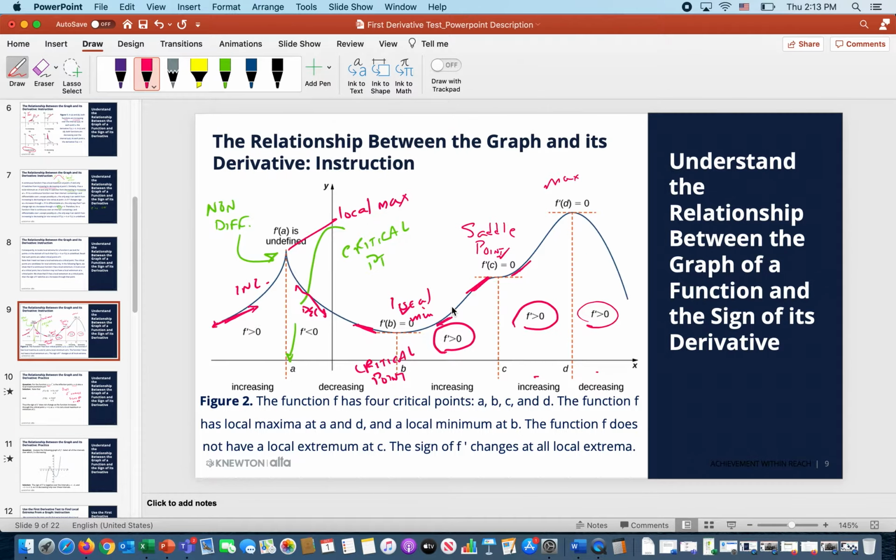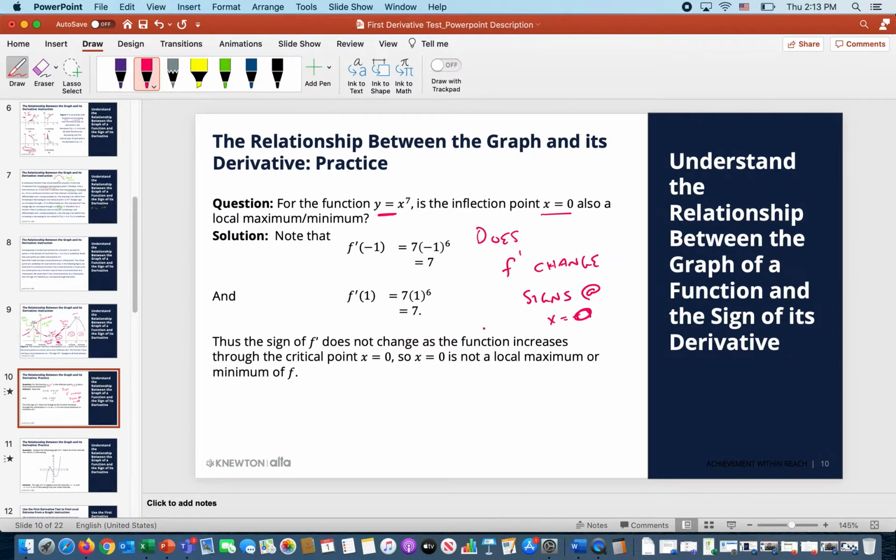If you go back to that previous graph, you'll notice we used these x values to say that the derivative was greater than 0. I looked at this point and said the slope of the tangent line at that point is positive. So we're looking at values on either side of 0.